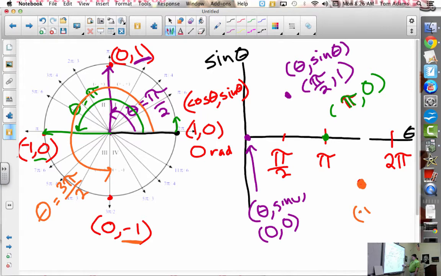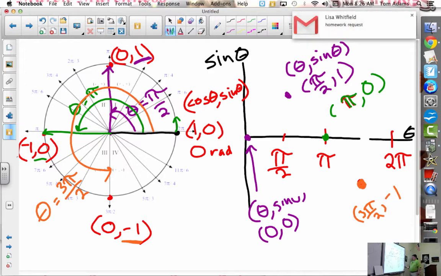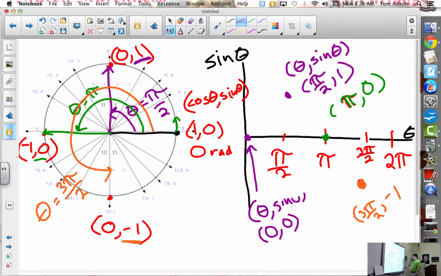At 3 pi over 2, comma, -1. That occurs right here at 3 pi over 2.